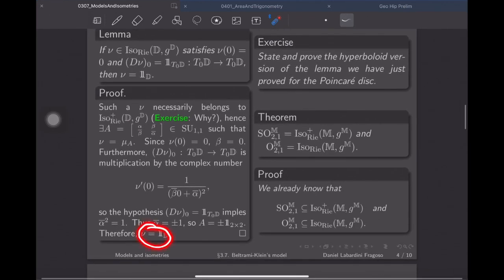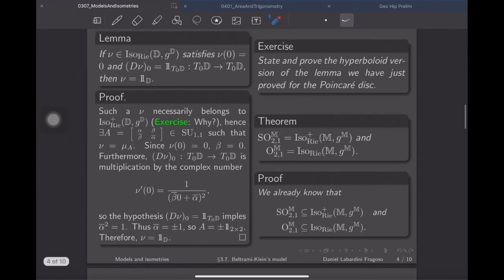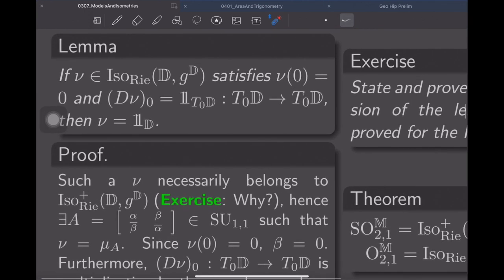So, which is what I wanted. Okay. So I would say this is a very strong lemma, right? Just from knowing the behavior at one point and the infinitesimal behavior at one point, you know everything somehow.